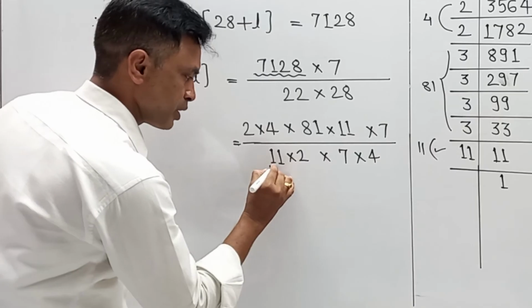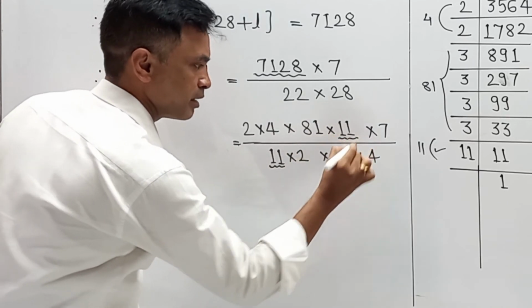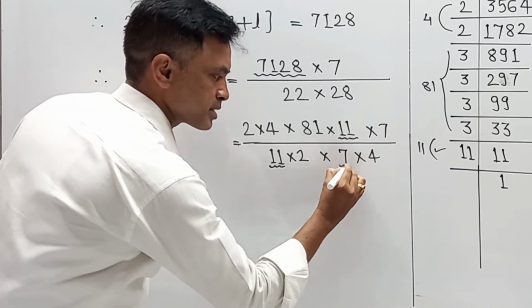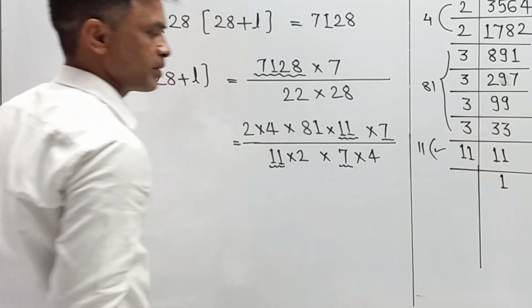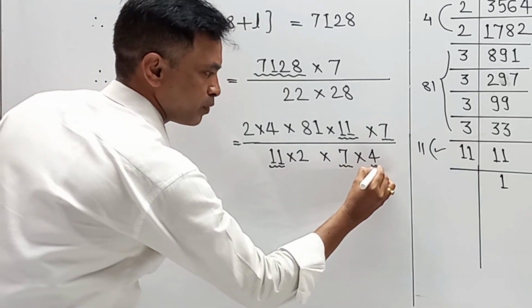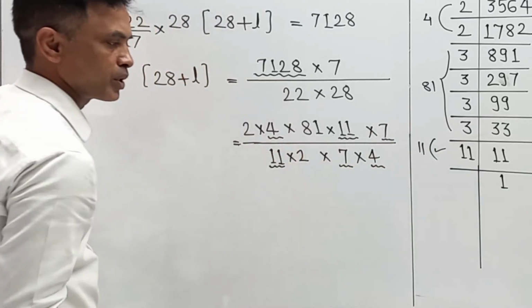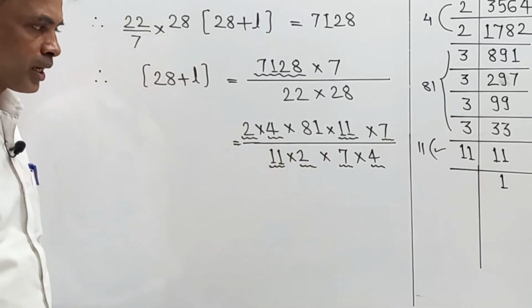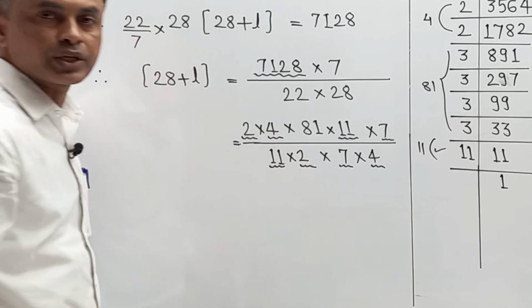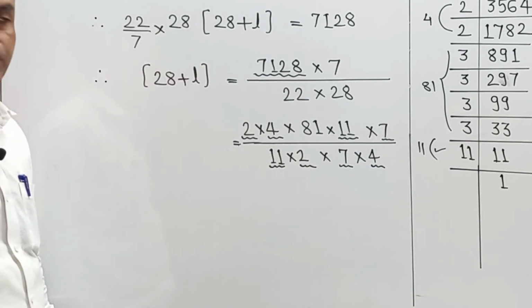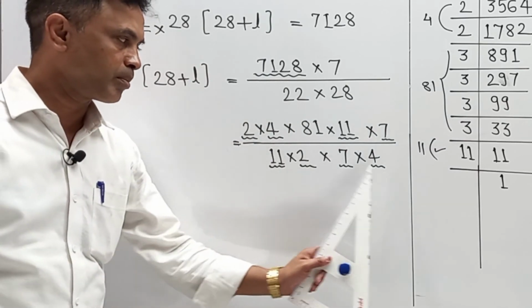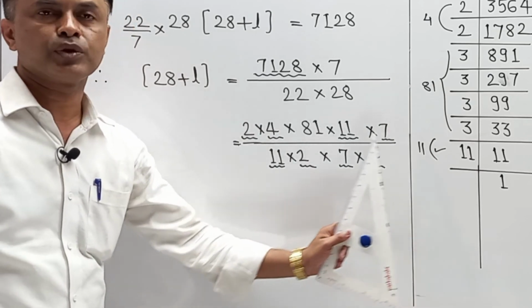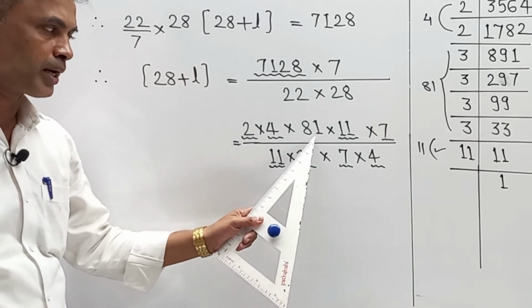First, 11 gets cancelled with 11. Next, 7 gets cancelled with 7. Third, 4 gets cancelled with 4. And last, 2 gets cancelled with 2. I did not make cut-offs here so that you can easily understand which number is going to get cancelled. All the denominator numbers get cancelled with particular numbers from the numerator and only 81 remains.